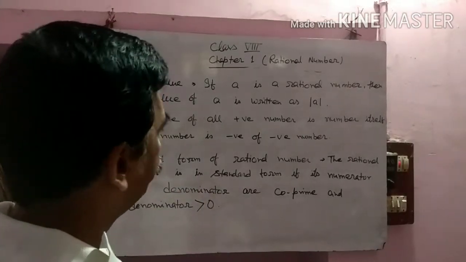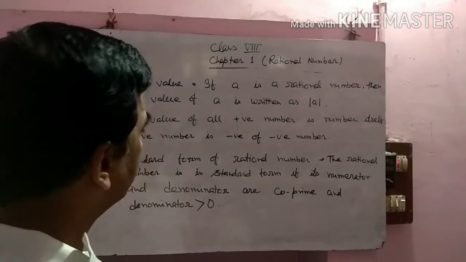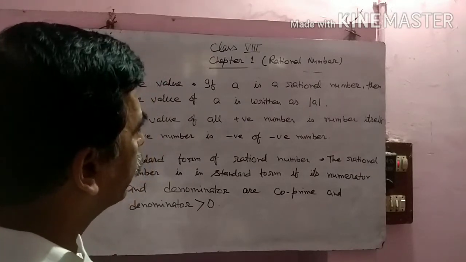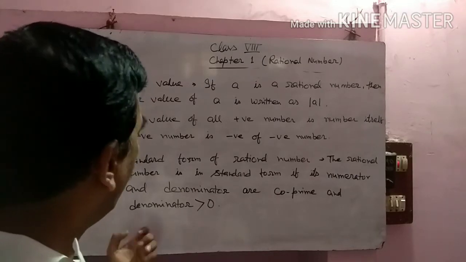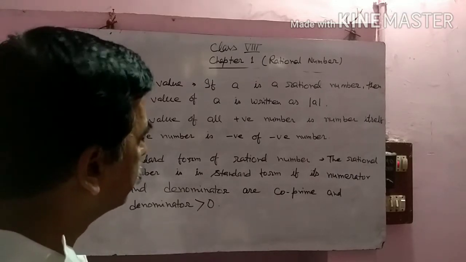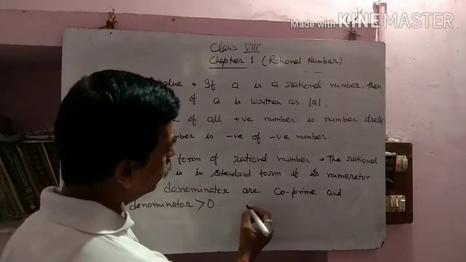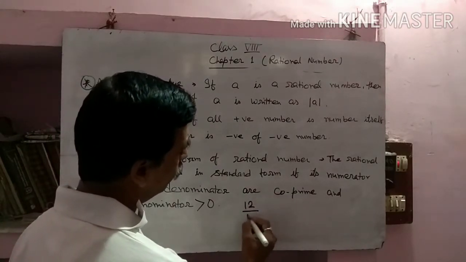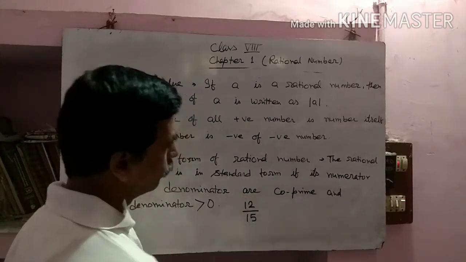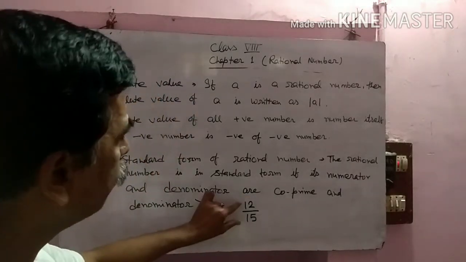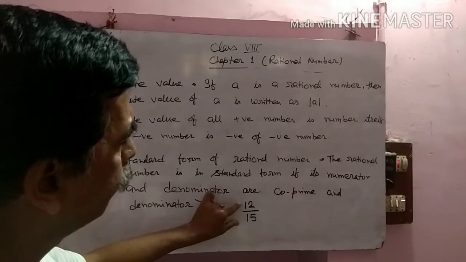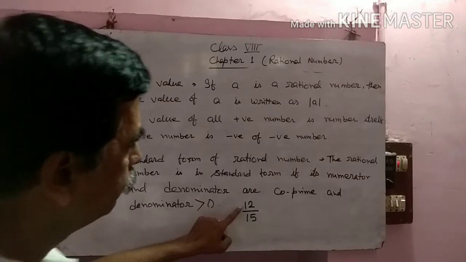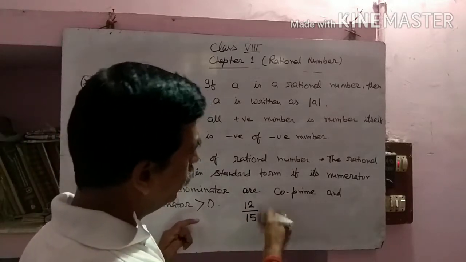A rational number is in standard form if its numerator and denominator are co-prime and the denominator is greater than 0. Suppose a number is written like 12 by 15. Look, there are many common factors.